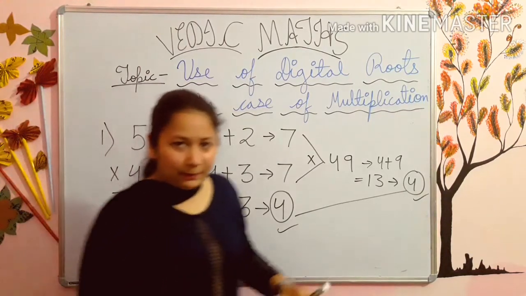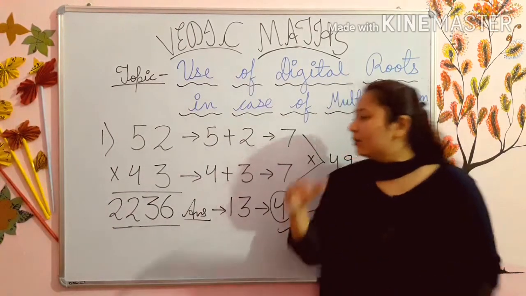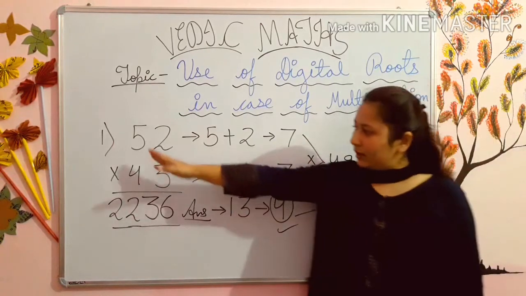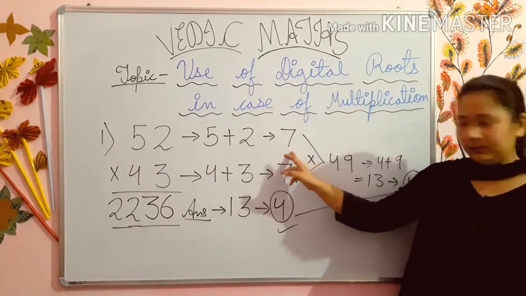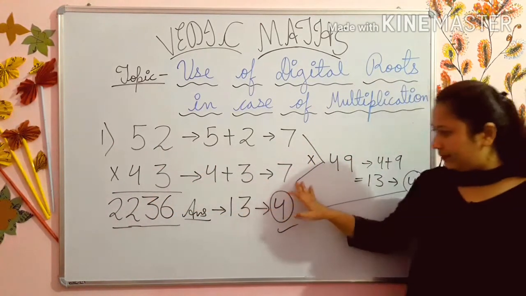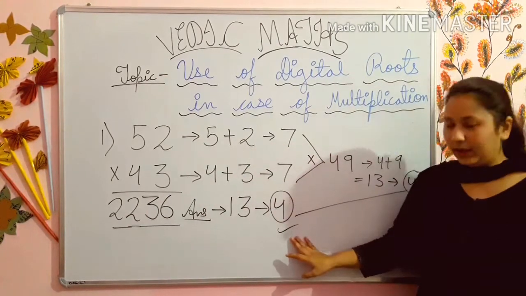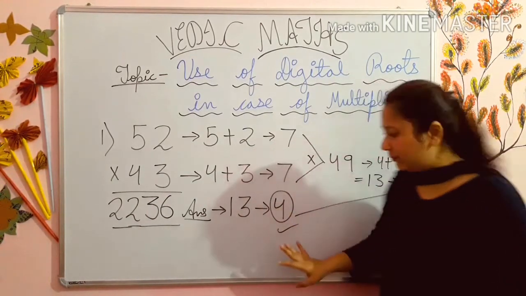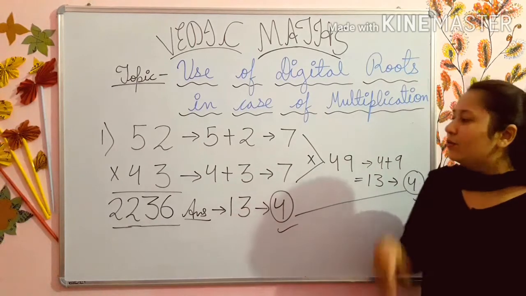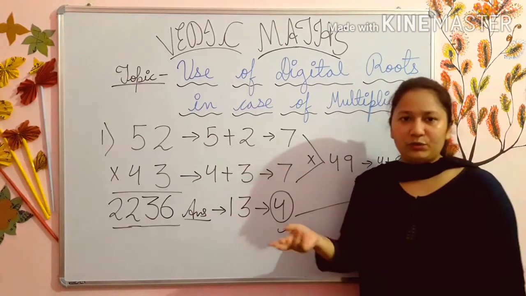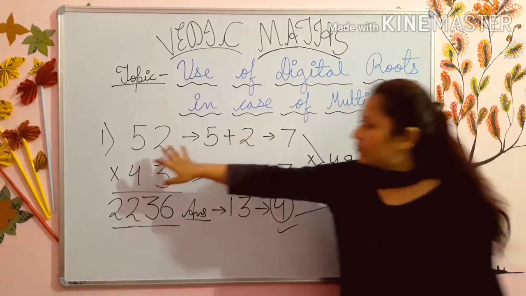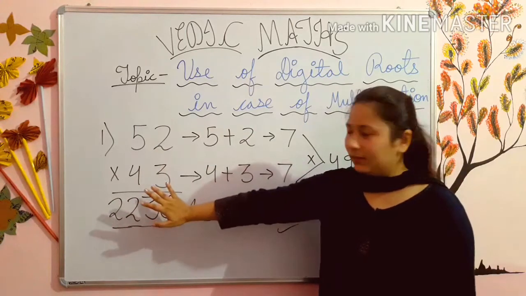Students, again I am repeating this method. First of all, you have to find out the digital root of the first number, then digital root of second number, then digital root of third number. The digital root of the third number will remain as it is. You have to multiply the digital roots of the questions. Means 52 and 43 is the question sum.